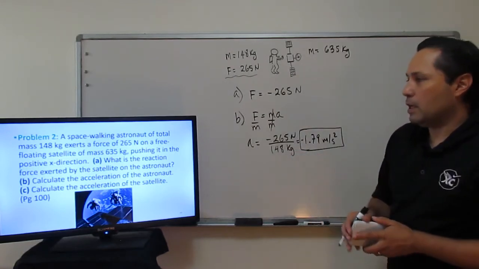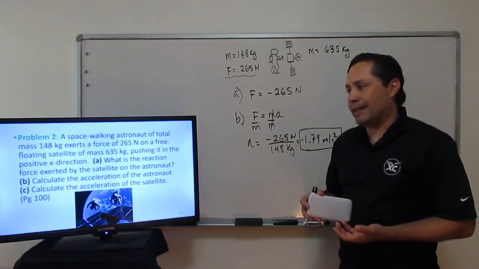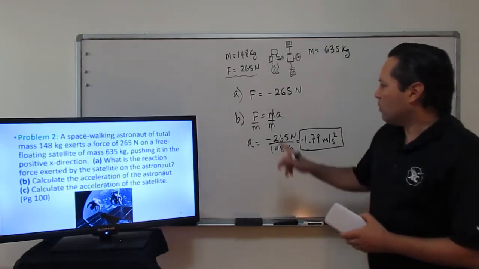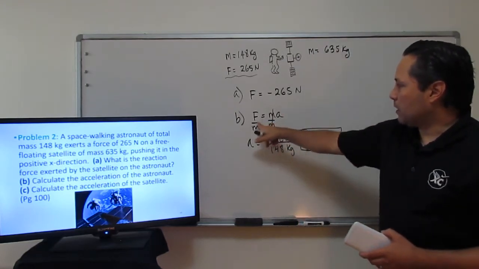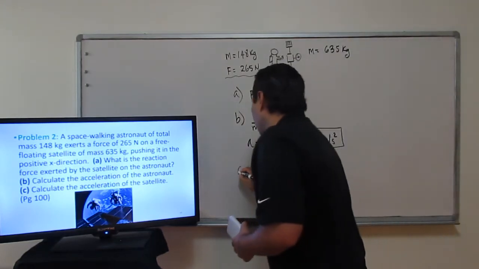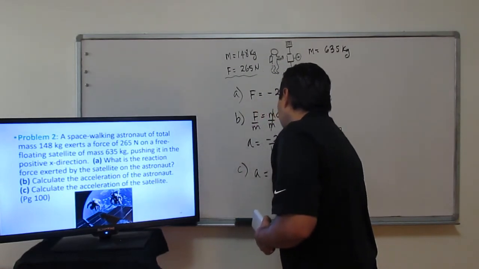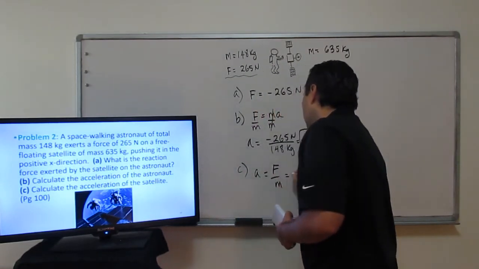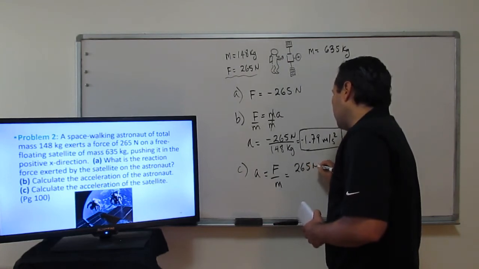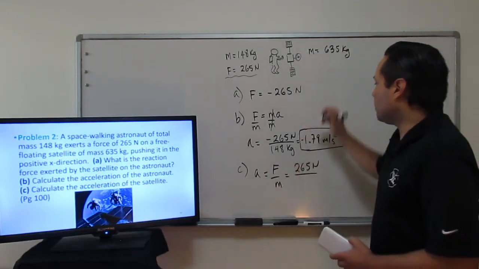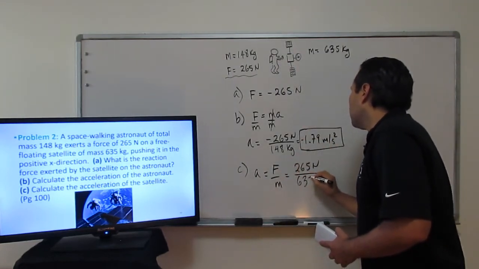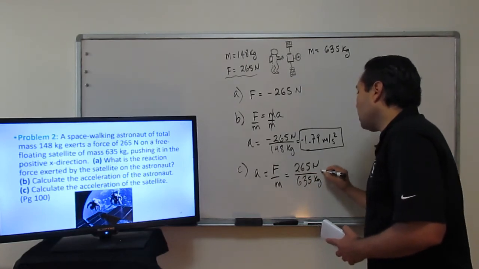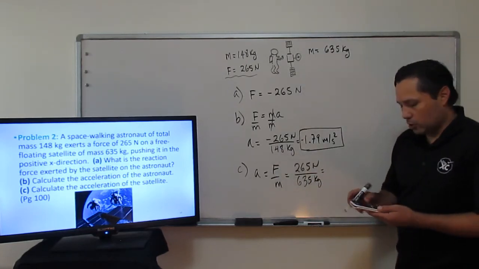That is part B. In part C, they ask you guys, can you calculate the acceleration of the satellite? We're going to use the same formula, but this time we're going to put the force acting on the satellite, which is positive 265 newtons, and the mass of the satellite, which is much heavier than an astronaut, so therefore we should expect to get a smaller acceleration.